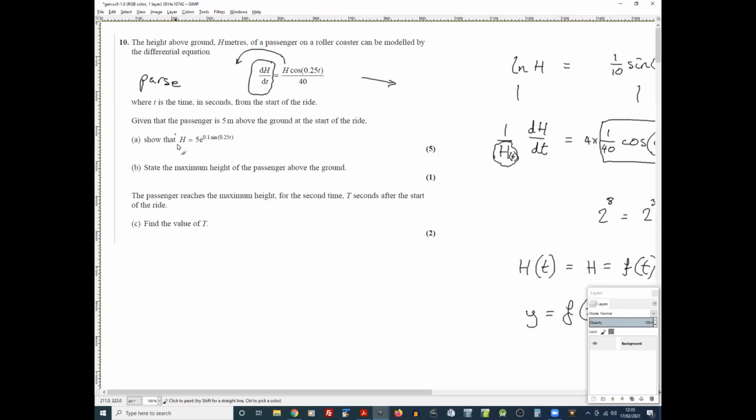Oh, it's right there. Yeah. So set sine 0.25t to 1. Yes. And then 5 times e to the power of 0.1, wouldn't it? 5e to the power of 0.1.